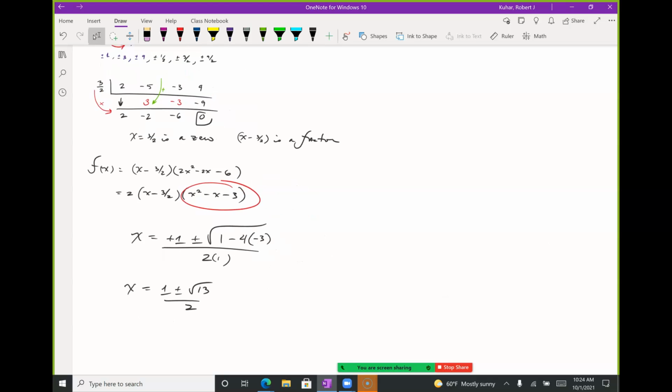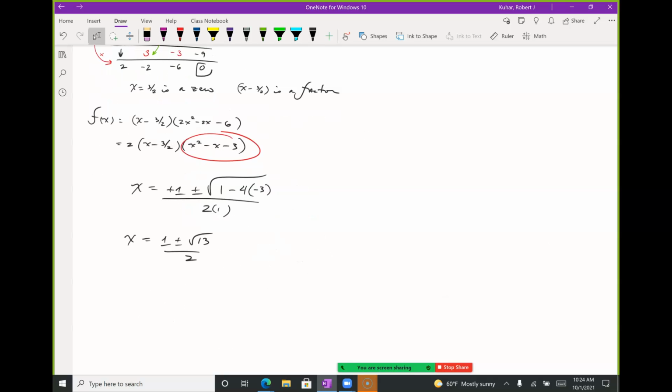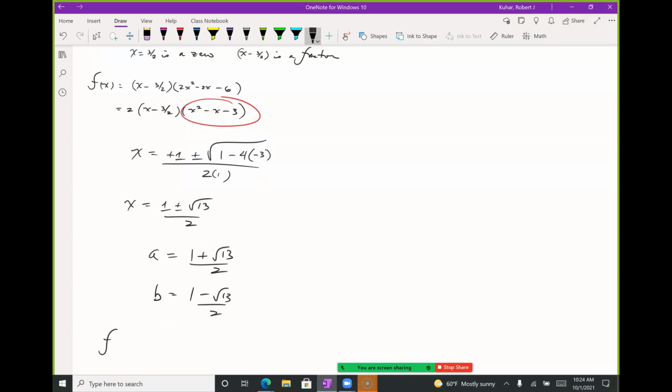And so what I like to do when I get these irrational roots is I'll call a the positive rad 13. I'll call b the negative rad 13. And then I can factor into 2 times x minus 3 halves times x minus a times x minus b. Because to write those actual roots in there is hideous.